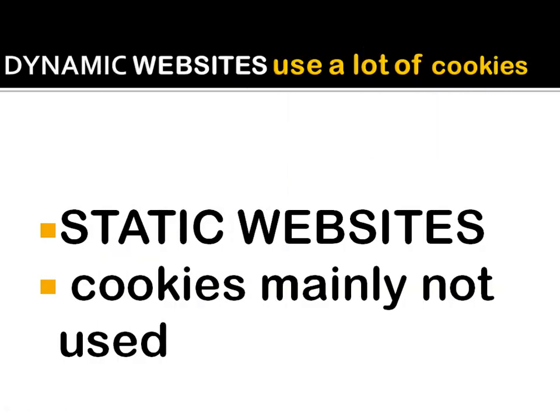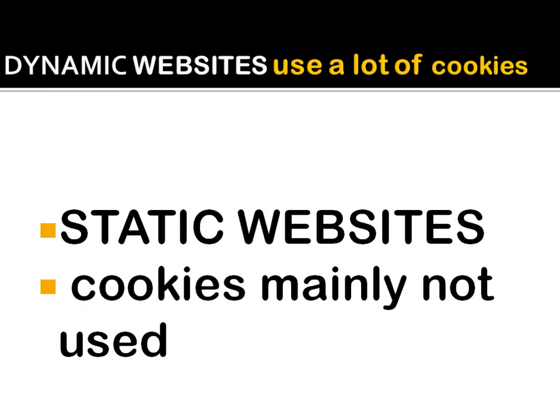Then dynamic websites use a lot of cookies. This also brings up the issue of bulkiness. Cookies are items that, for instance, when you want to type a word, the moment you type the first letters, other words that may have the same beginning will come up.